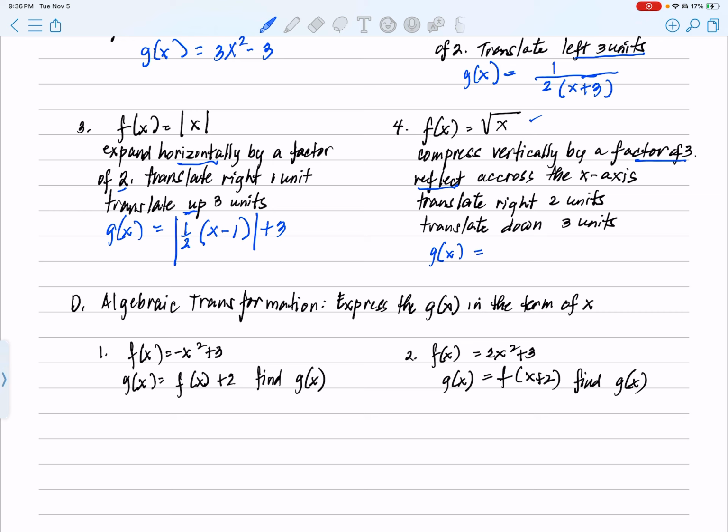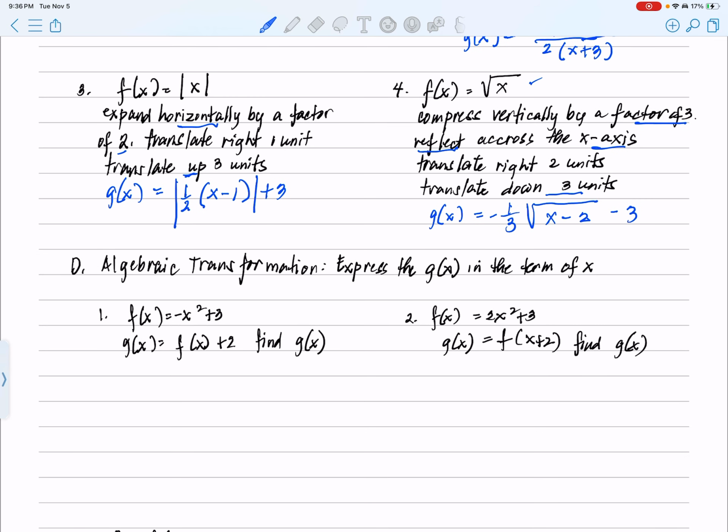That's the inverse for that because we have reflected. So it's minus. Then let's do the square root. What happened to the x across the x-axis? Translate right 2 units. So that means x minus 2 and translate down 3 units. So it's minus 3. Okay.